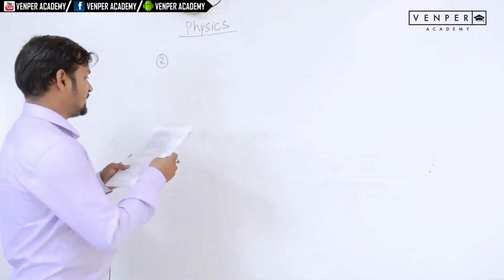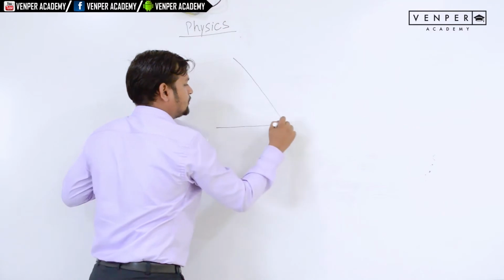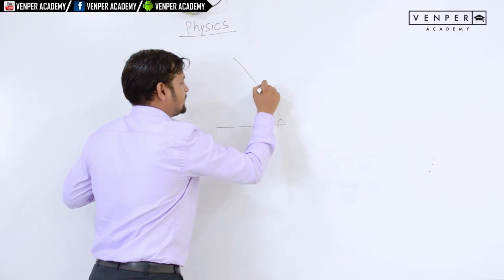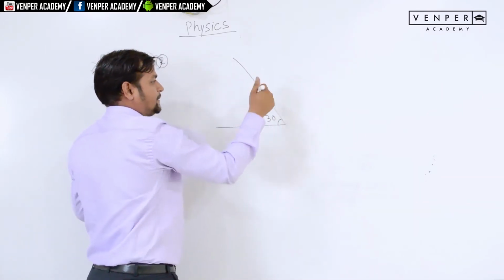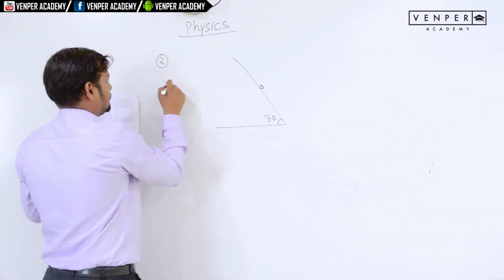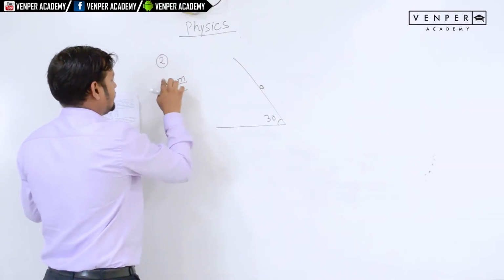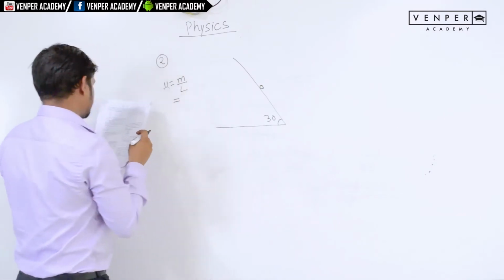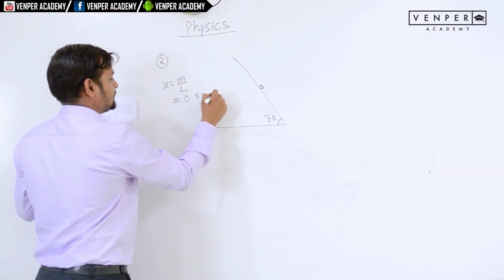Okay, see here in this question there is one metallic rod. Suppose that there is a rod on this inclined plane, and its mass per unit length, m upon L, is given as 0.5 kg per meter.